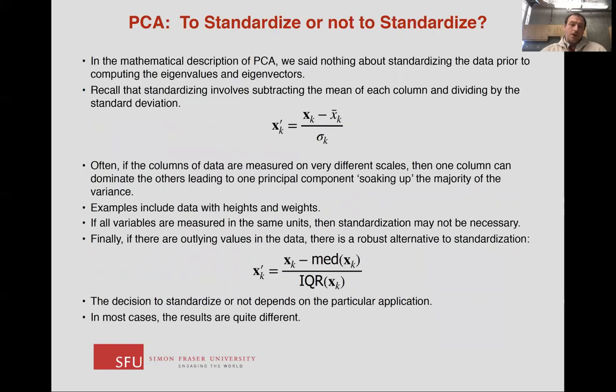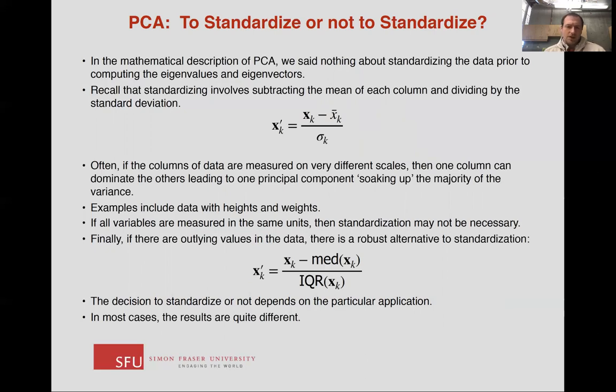All right. So I mentioned that we have a choice to standardize or not standardize, and I wanted to take a second to talk about this. In general, standardizing involves subtracting the mean of each column and then dividing by its standard deviation.